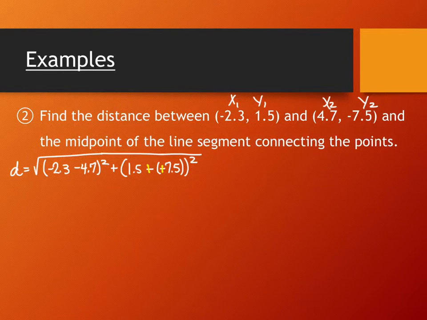So grab your calculator. If you do negative 2.3 minus 4.7, this is actually, and I'll write down an intermediate step, although you could just jump to the next one if you'd like, this is negative 7 squared. And then the 1.5 plus 7.5 would actually be 9. It's 9 squared.